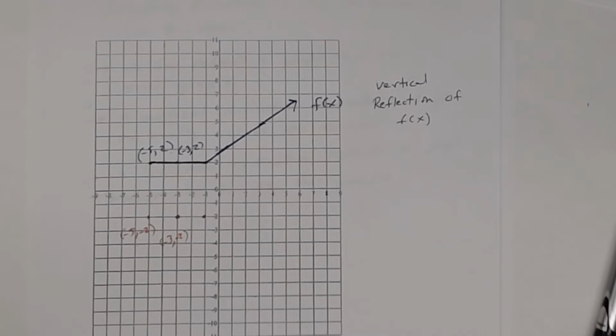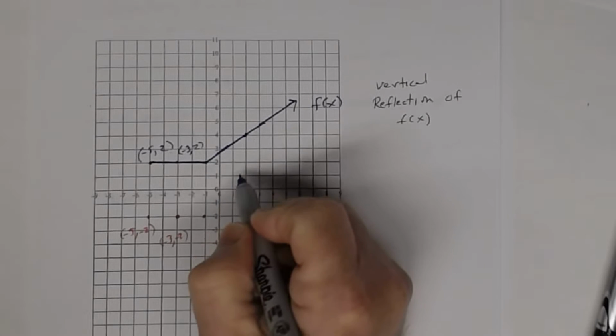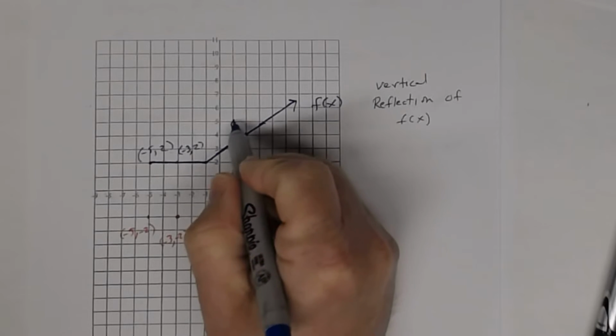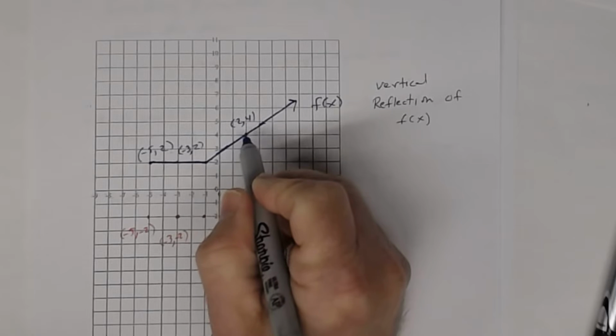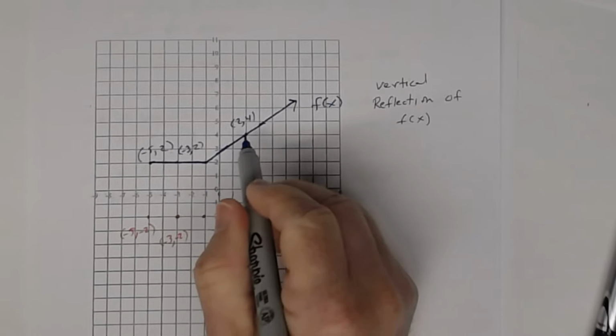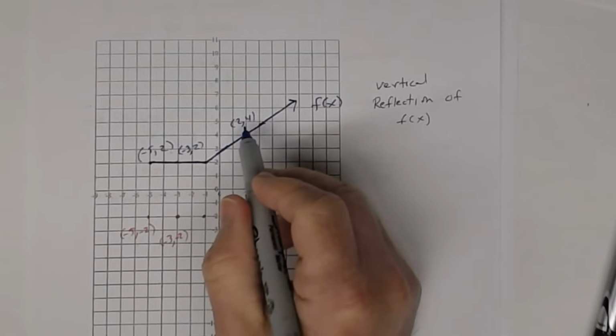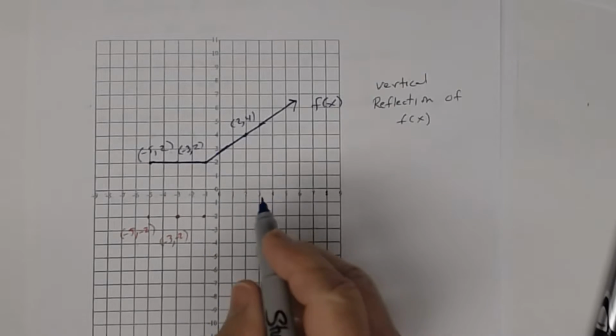For example, if I look at this point right here, this point is the point 2, 4, right? So when I reflect the point 2, 4, when I do a vertical reflection or reflect it about the x-axis, 2, 4 becomes what point? Think about it real quickly. It becomes the point 2, negative 4, doesn't it?